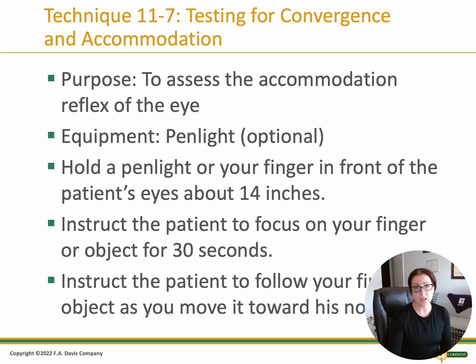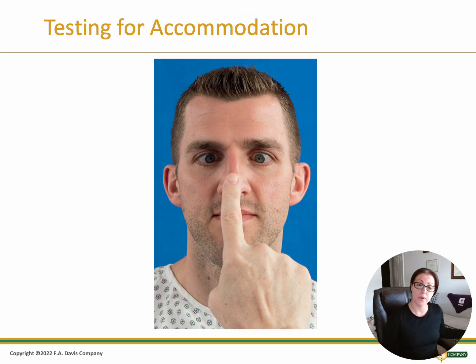So you can hold a pen light, you can hold your finger, and then you're instructing the patient to focus on your finger or object for 30 seconds, and then just follow your finger or your object as you move it close and away from their nose.